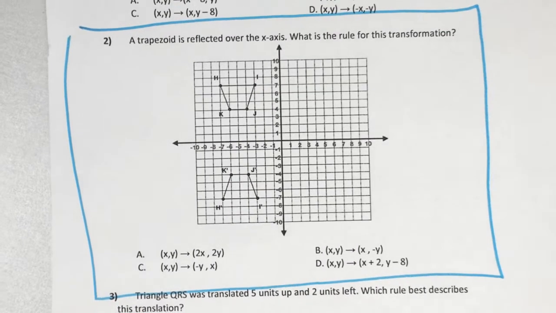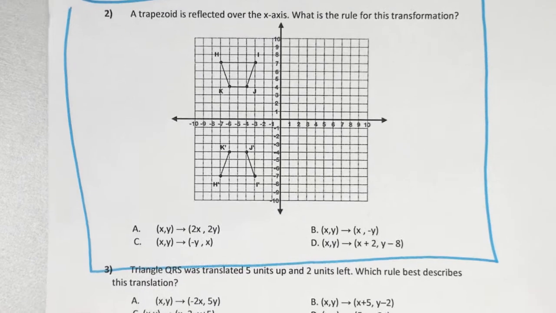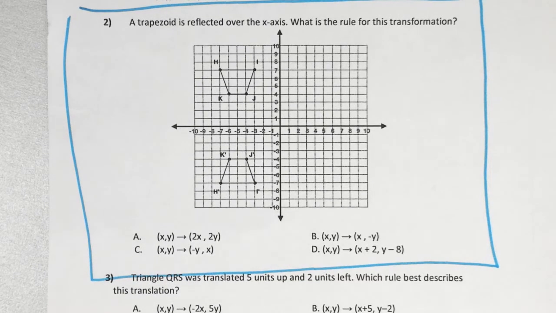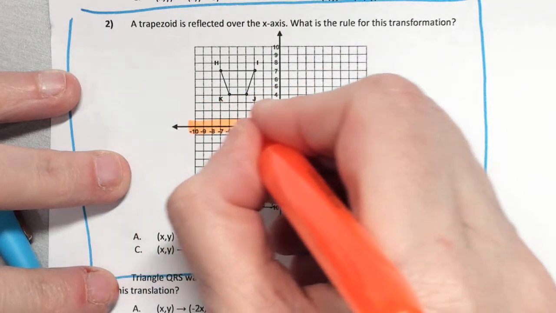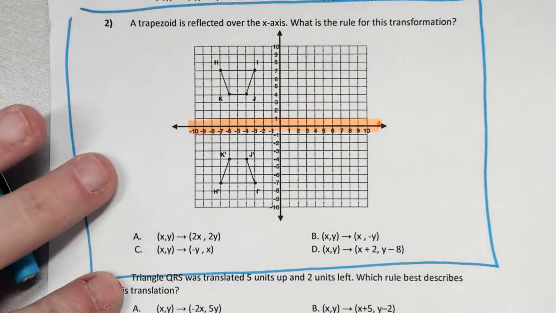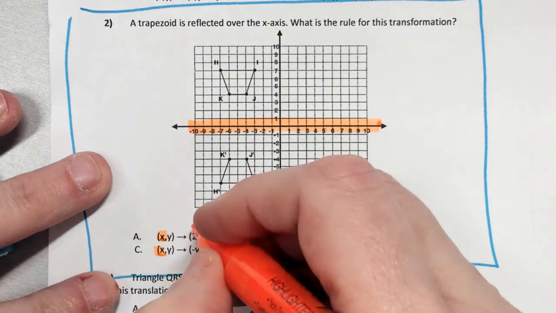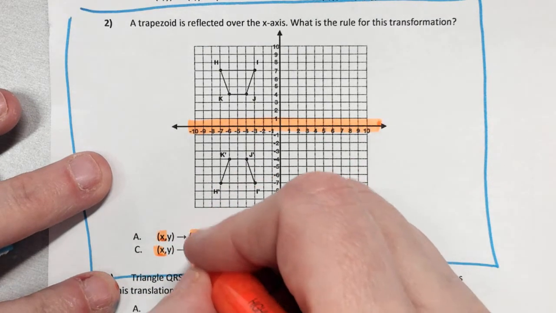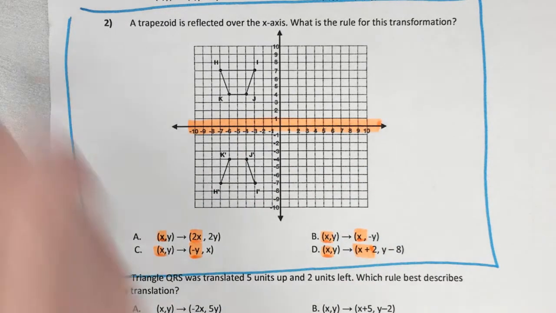Okay, so for this question, it says a trapezoid is reflected over the x-axis. What is the rule for this transformation? Okay, so it says over the x-axis. That's my x-axis. So I'm going to highlight the x's in these, and then I'm going to look at the first part of the coordinate and see what's happening.